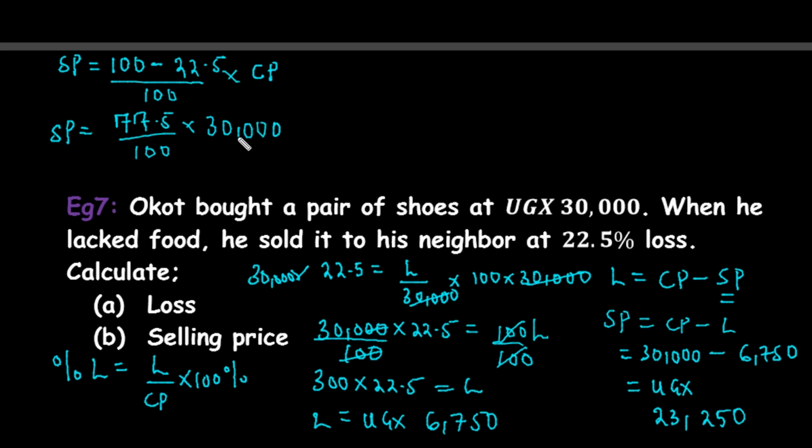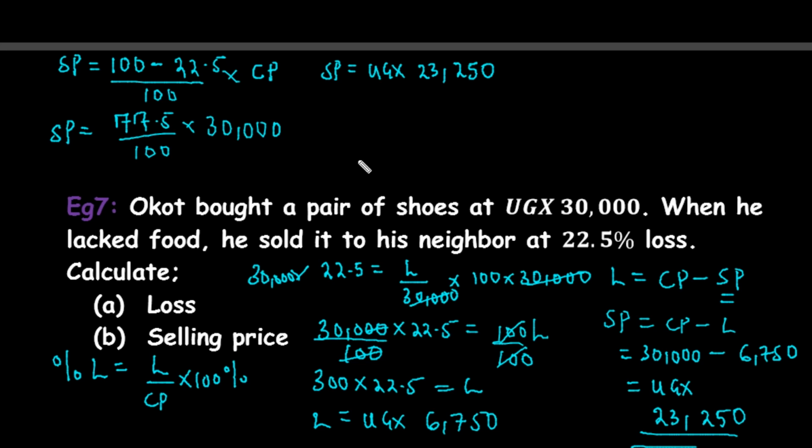Therefore, we shall get 77.5 divided by 100 times 30,000, and the selling price is equal to 23,250, which is equal to that value.